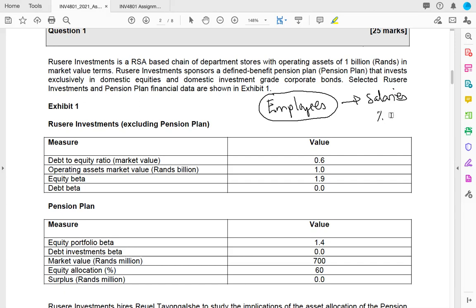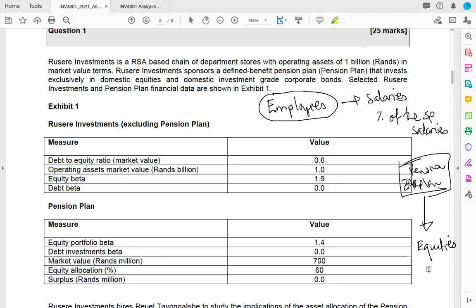And then a percentage of these salaries are set aside, put into a pension plan. So once money has been put into this pension plan, all the money that's put into this pension plan is then invested in equities, which are shares, and also bonds. So that's what we are being told in this question.